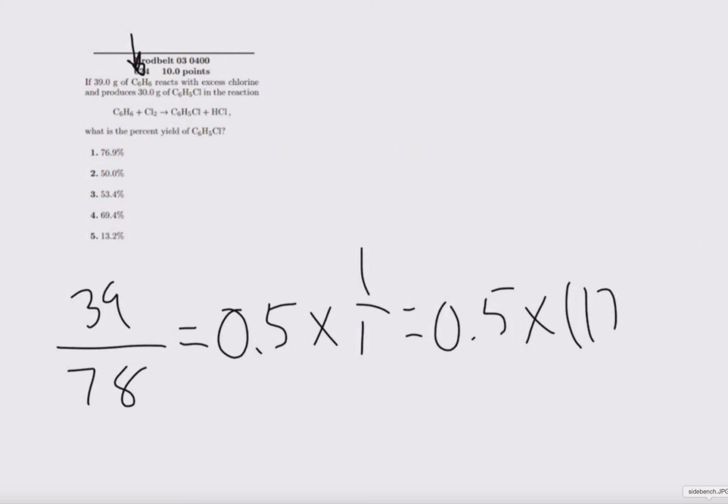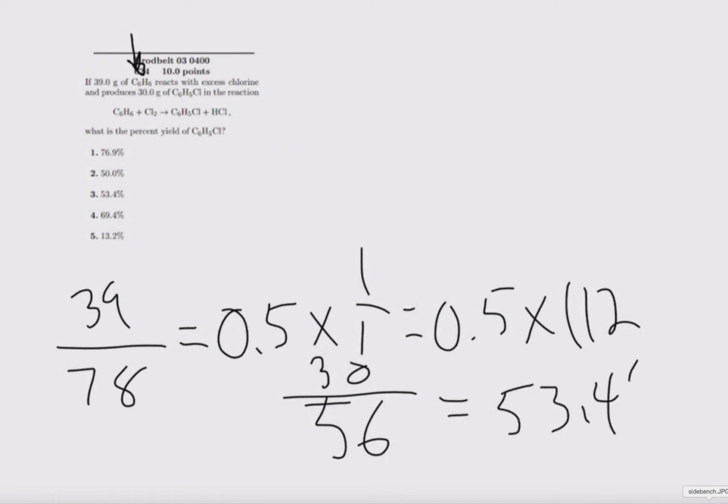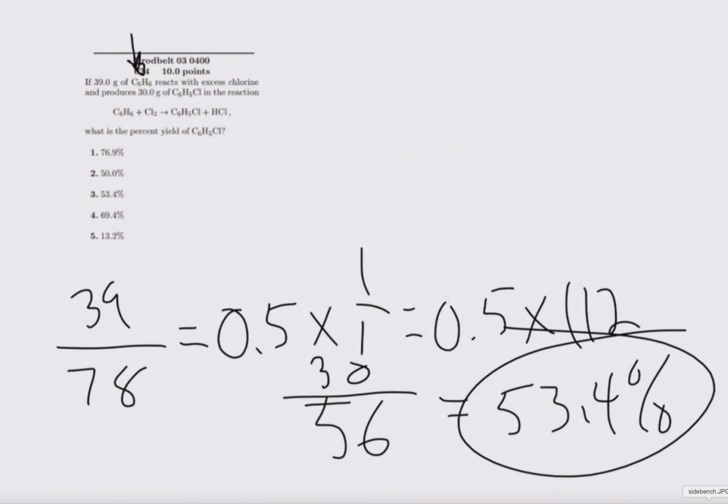That's 112. So 112 times 0.5 is 56. So we should have gotten 56, but we only get 30. 30 divided by 56 is roughly 53.4%, which is one of the choices. So that is the percent yield.